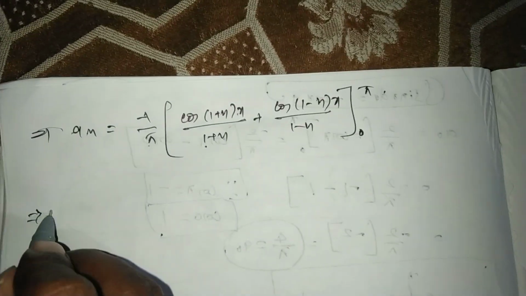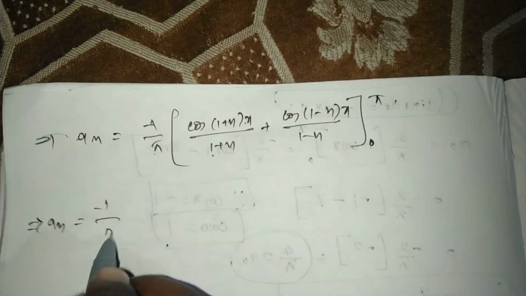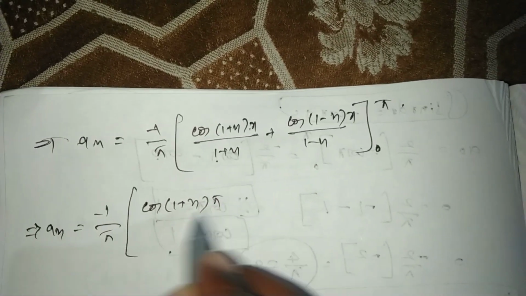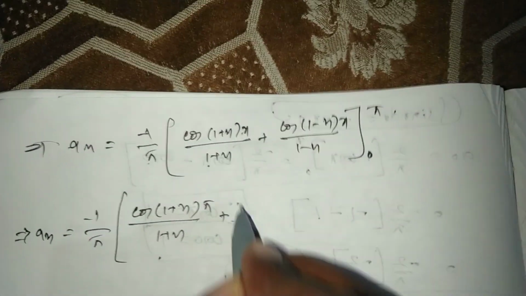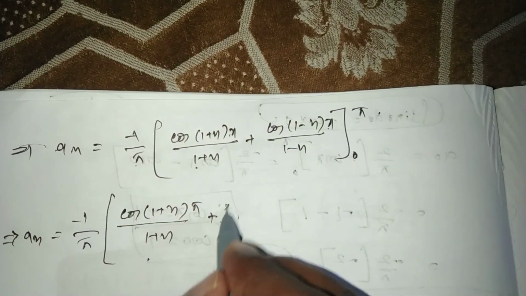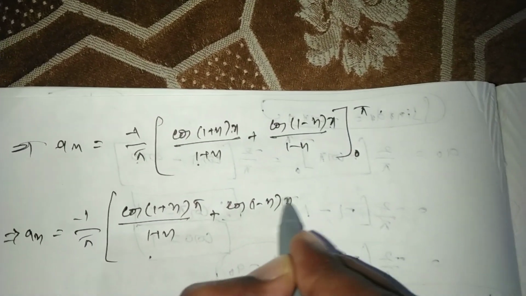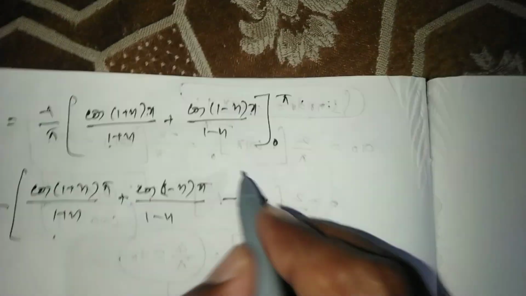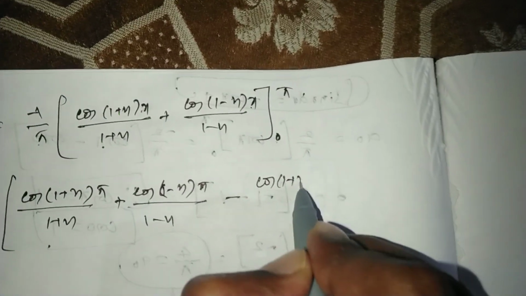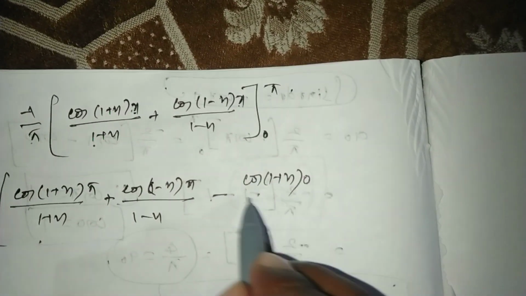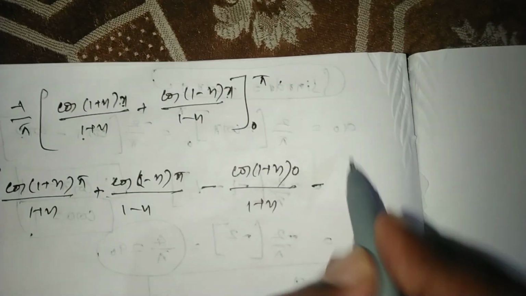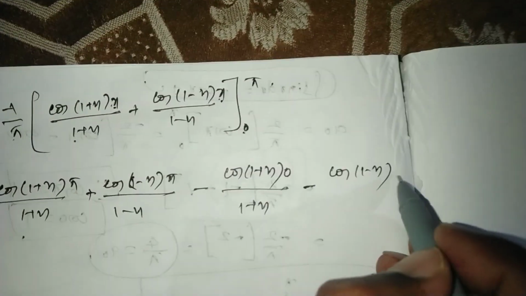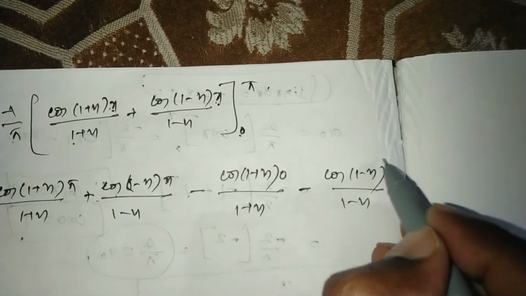That is equal to negative 1 by pi times cos of (1 plus n) into pi by (1 plus n) plus, again here we have x, substitute the upper limit here, cos of (1 minus n) into pi by (1 minus n), minus, now the lower limit, cos of (1 plus n) into 0 by (1 plus n), negative cos of (1 minus n) into 0 by (1 minus n).